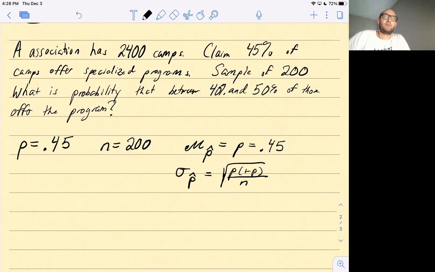You're always going to get 45%. So I think this theory breaks down a little bit if you have too large of a sample. What do you do if your sample is very large?